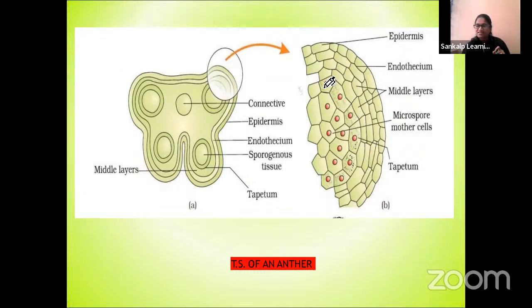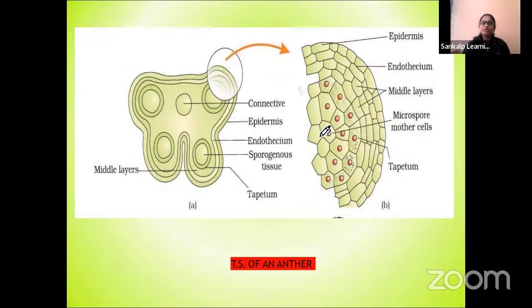Observe this layer, guys. This layer has more cytoplasm, and usually the cells of this layer have more than two nuclei. This layer of cells is called the tapetum. What is its work?